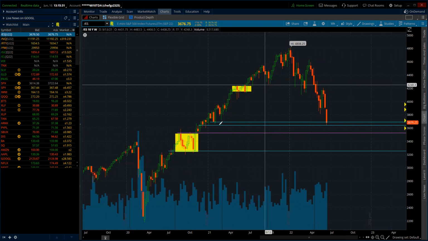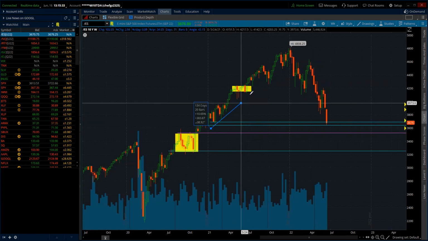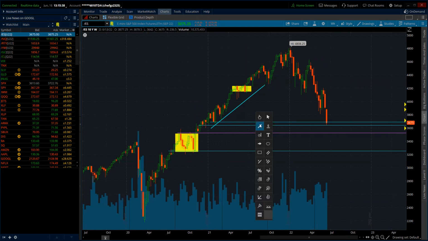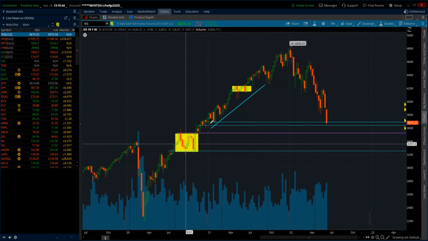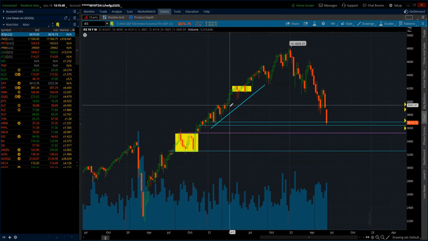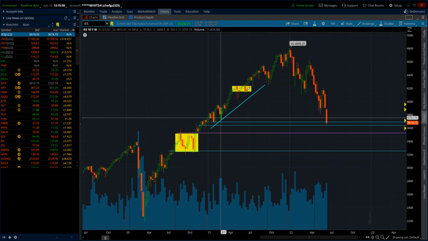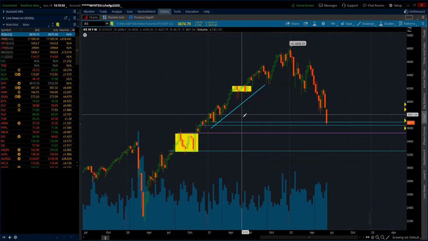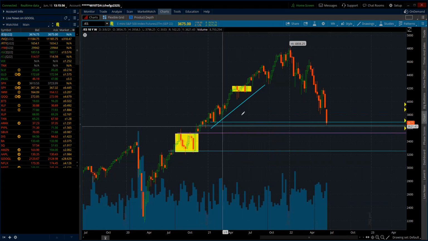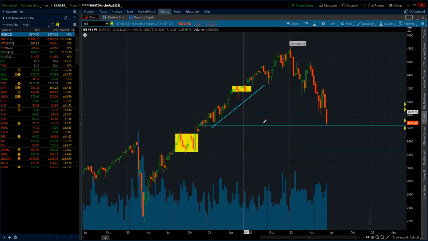And then that's what creates the public participation phase where your retail crew comes in and starts buying the tops. That's why it goes higher, because it breaks above and then they go higher and higher. That's the retail crew. Investors like to buy on red candles and add on to their portfolios. And as it goes higher and higher, they scale out, they trim their positions, because remember, they're not only trading options and spreads, but they're trading shares. That's the difference. So that's kind of the way it works.